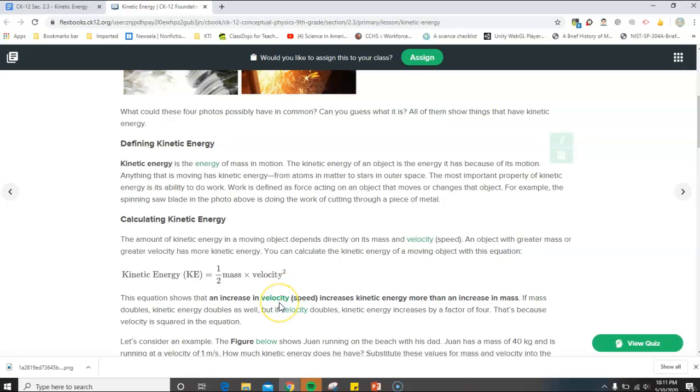So how fast something is moving is much more important to the kinetic energy that something has than how big it is. Small things moving very quickly can have a lot of kinetic energy. That's how we're able to use electrons in atoms to actually do some things for us. And we'll be talking about that as we go.